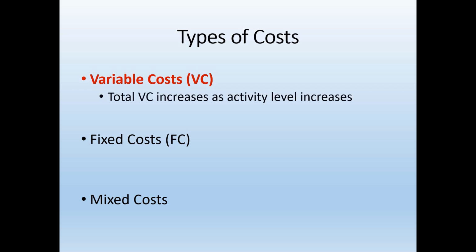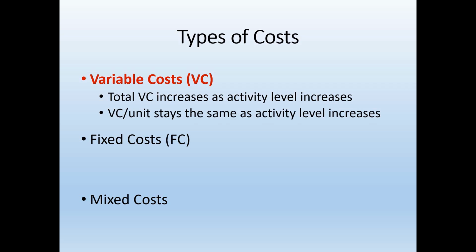So variable costs like direct materials or direct labor increase as the firm's activity level increases. But we expect the variable cost per unit to stay about the same as the activity level changes.